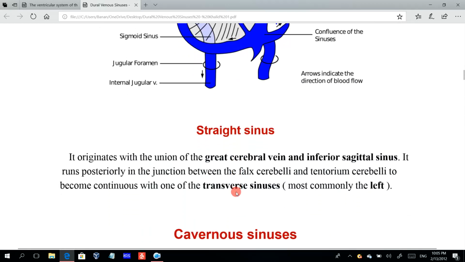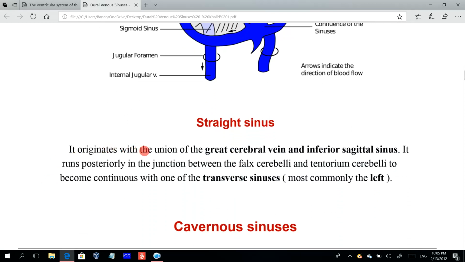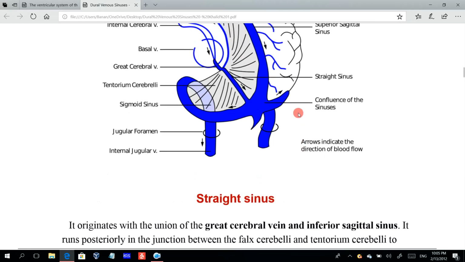Now the straight sinus originates with the union of the great cerebral vein and the inferior sagittal sinus. How is it formed? It is formed by the union of two structures, the great cerebral vein, which also drains the hemisphere of the brain, and the inferior sagittal sinus. When the great cerebral vein unites with the inferior sagittal sinus, they form the straight sinus.